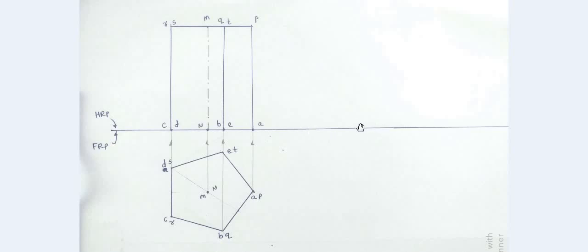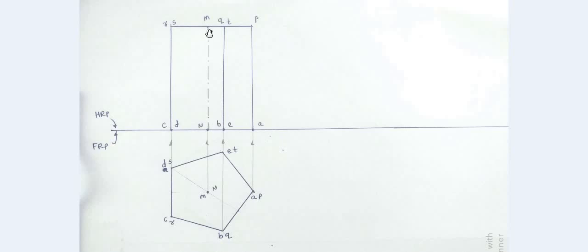Now this stage would be critical, because while tilting we will be keeping point A in HRP here. That's why it would be difficult to take the angle of MN as 30 degrees, but we can complete it with the property of geometry. We know that this base ABCDE and this axis MN are 90 degrees to each other.